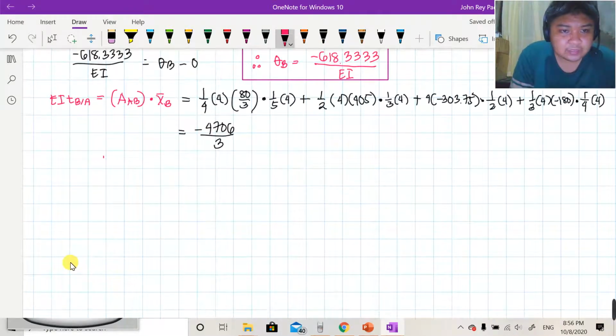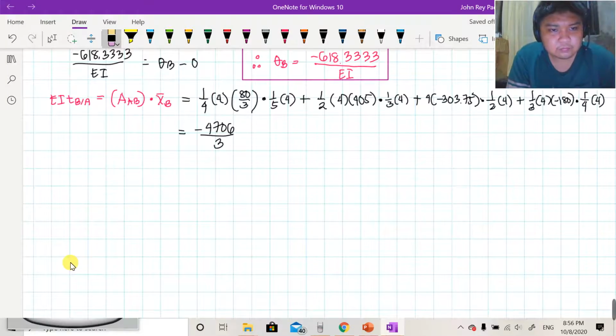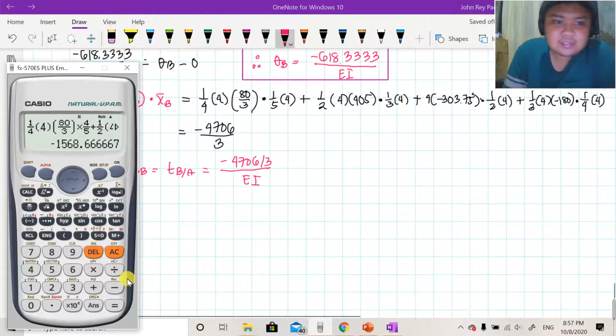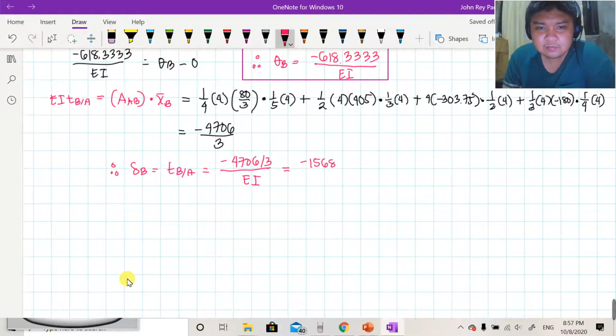Since meron na tayong value, pwede na rin natin, class, i-conclude that the deflection at B is equal to the deviation of B with respect to A and negative 4706 over 3, all over EI, or if we want to make it a decimal, just press SD, negative 1568.667 all over EI.